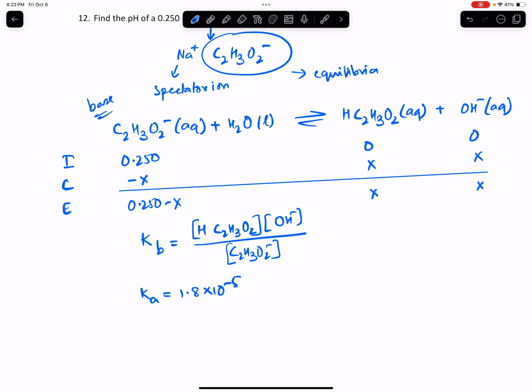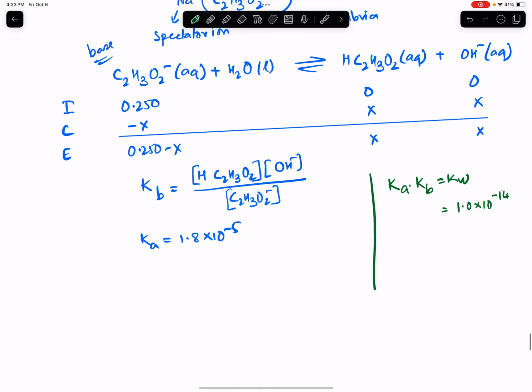Okay, that's the Ka. Now, there is a relationship to find Kb. Ka times Kb is equal to Kw, and Kw is 1.0 times 10 to the negative 14. That is a constant. So if you know Ka or Kb, you can find the other one using this relationship. So let's go ahead and do that.